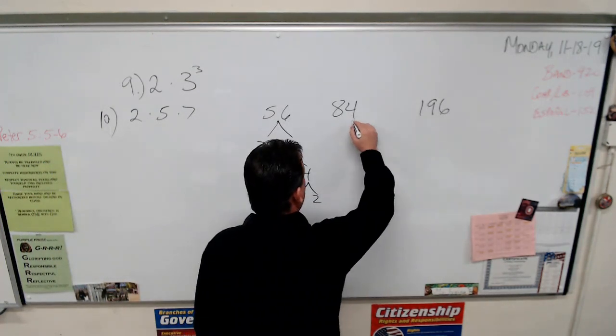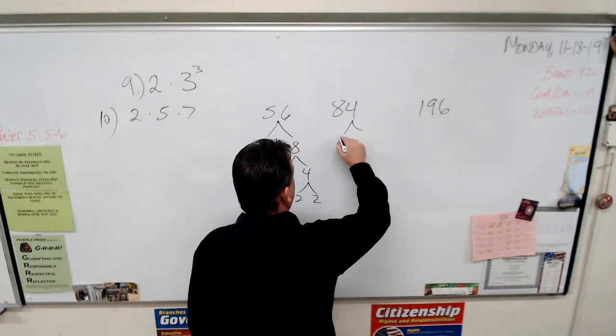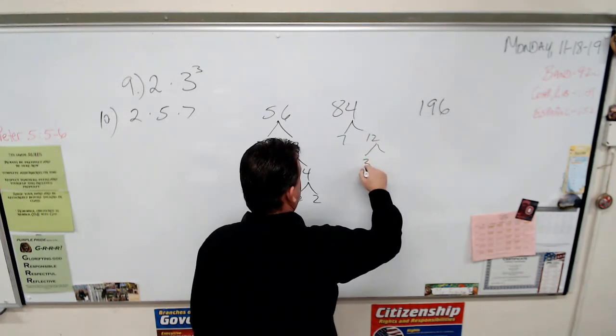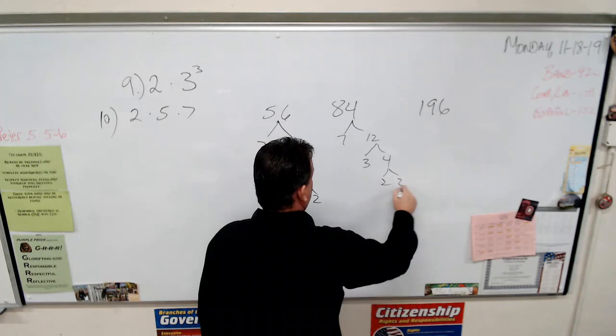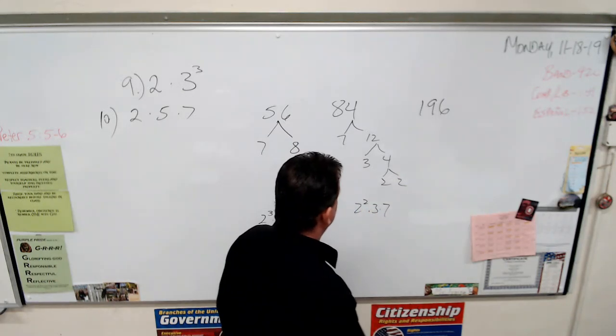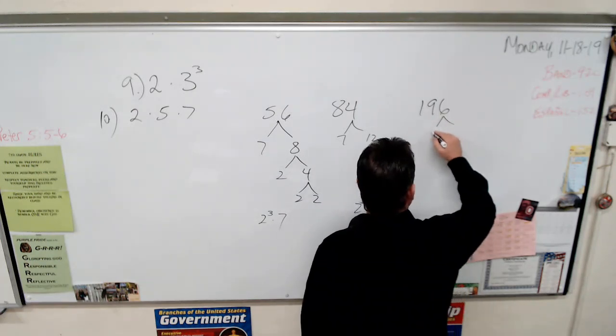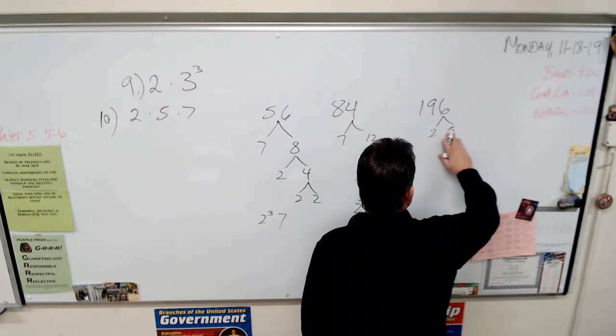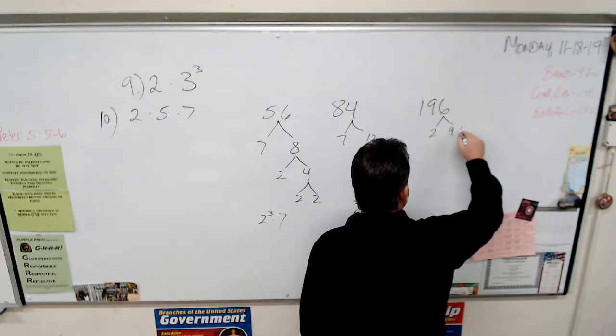For 84, I got 2 squared times 3 times 7. And for 196, let's start off with real easy. 2.